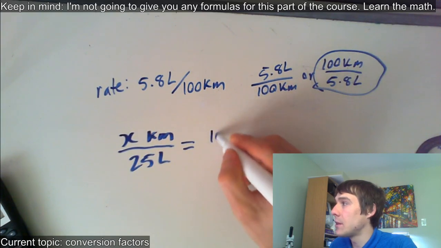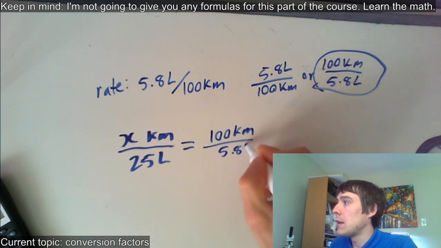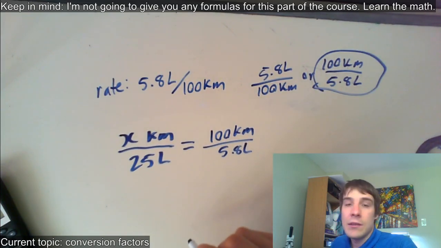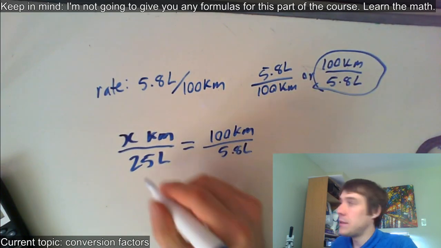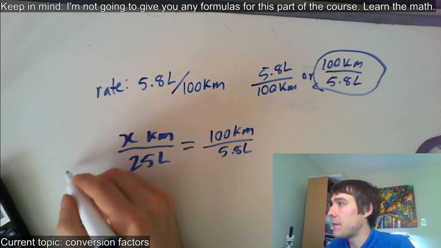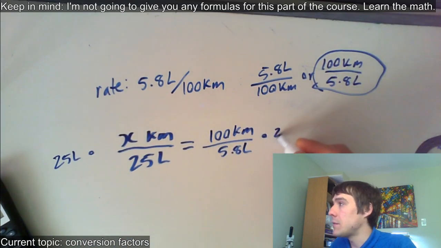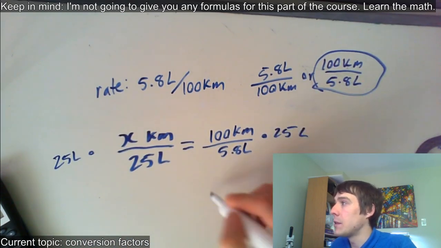100 kilometers per 5.8 liters. And then to solve this problem, all we need to do, because x is over here and we're dividing by 25, we multiply by 25 on both sides. 25 liters times that, and that times 25 liters.